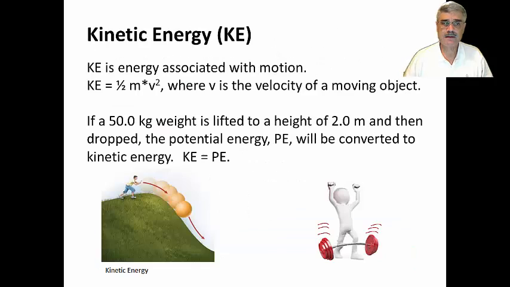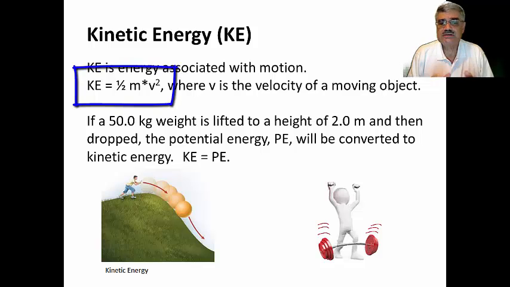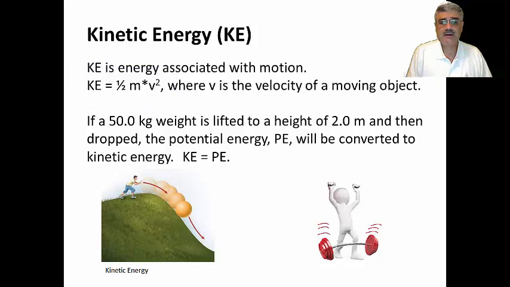Well, what is kinetic energy? Kinetic energy is energy associated with motion. Now, if you've had other courses in science, you've probably been told that kinetic energy is equal to 1/2 mv squared. That's a fairly common equation that people learn. Kinetic energy is 1/2 mass times velocity squared, where v is the velocity of the moving object, and m, of course, is the mass, and half is just a half.